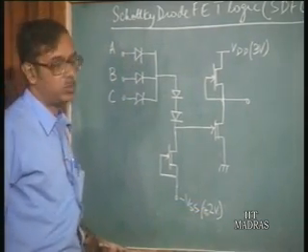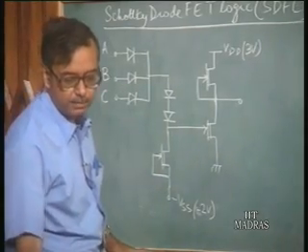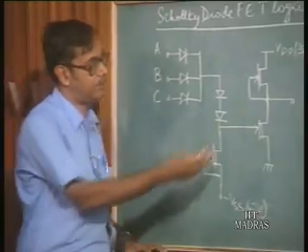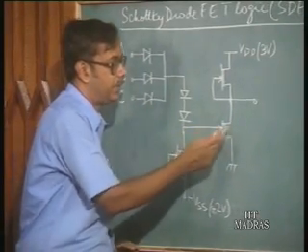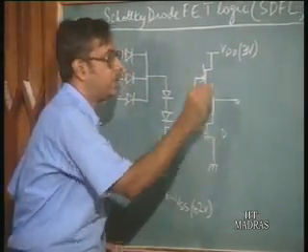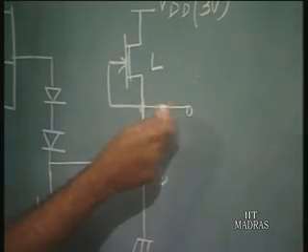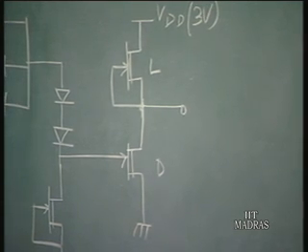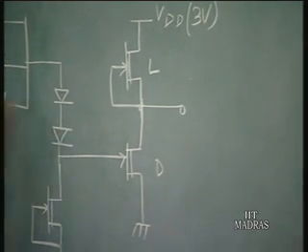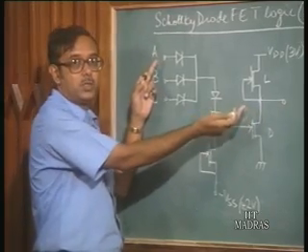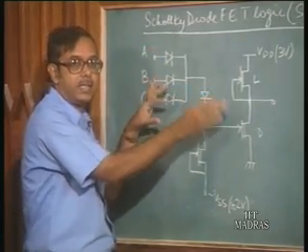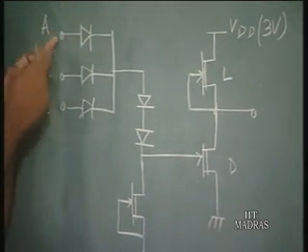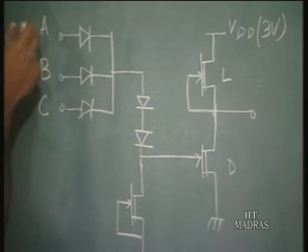Now, the output voltage can go high, close to VDD, when this driver transistor is off. If the output voltage goes close to VDD, and this is driving a similar gate, the input voltage for this logic family can go as high as close to VDD.